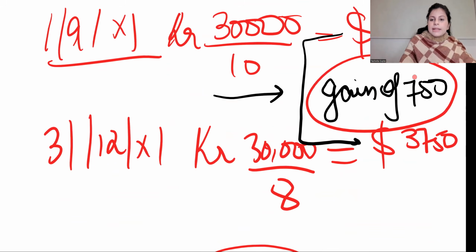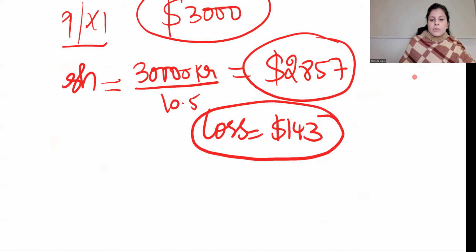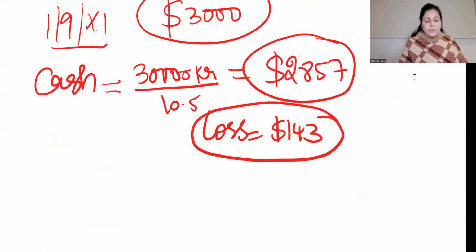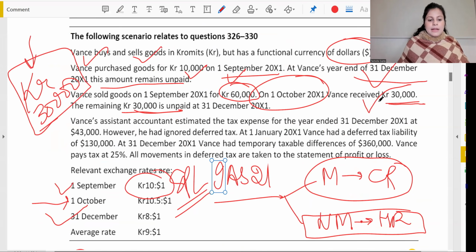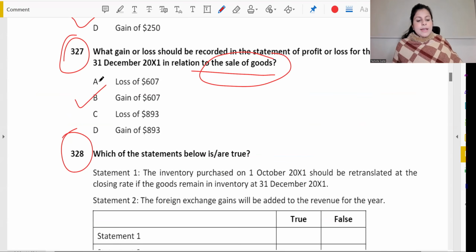So what's my net gain? My net gain is 750 minus 143. Can you tell me how much is that? 750 minus 143? 607. Yes. Option B. So 607, option B is my answer. Clear?